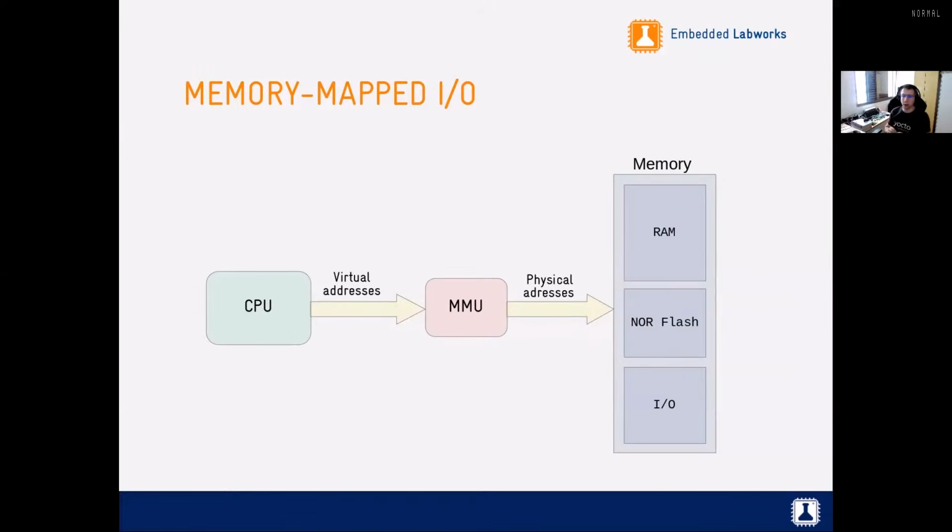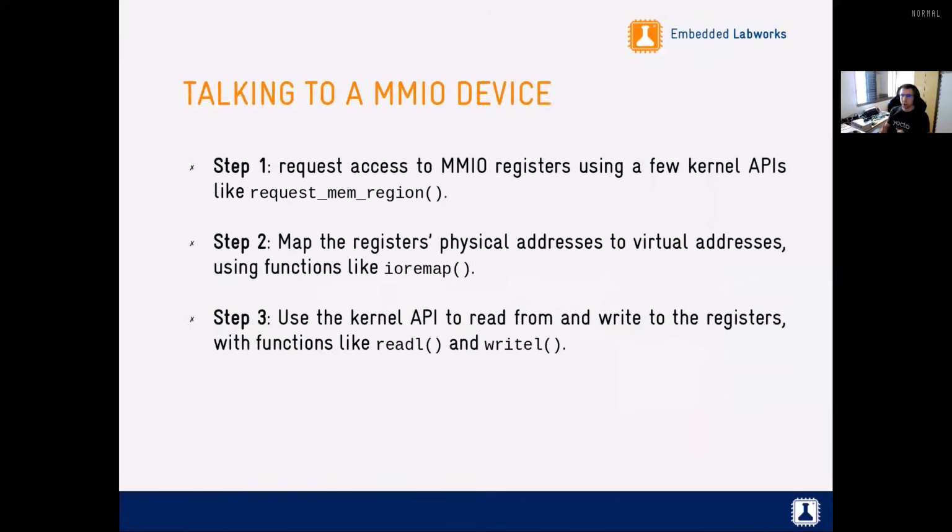That's a kind of special hardware that will do the mapping from virtual to physical addresses for you, and you have to work with the MMU when you're talking to the hardware. So that means you are gonna need to map the virtual addresses to a physical address when working with memory mapped I/O devices.